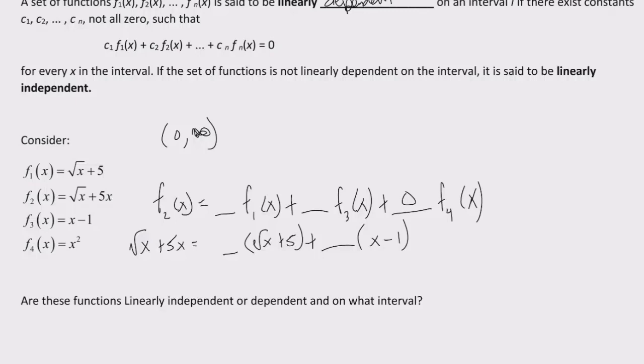Well, I need 1 square root of x, so that works there, and I need the 5 to match up with the 5x, and then I also need the 5 to cancel out. So if I just put a 5 there, then we're good. So these would be considered linearly dependent, and it would be dependent on that 0 to infinity.